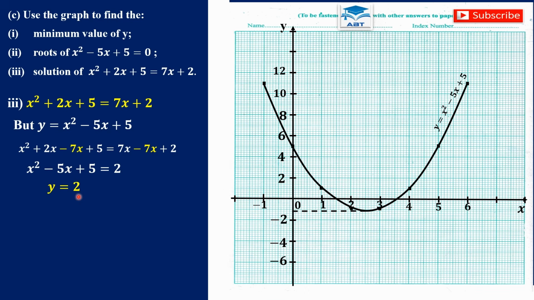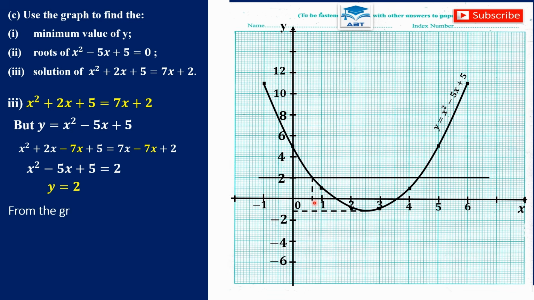So we draw the line y is equal to 2. That means a horizontal line passing through 2 on the y-axis. And we locate where this line cuts the curve. So it cuts the curve over here.